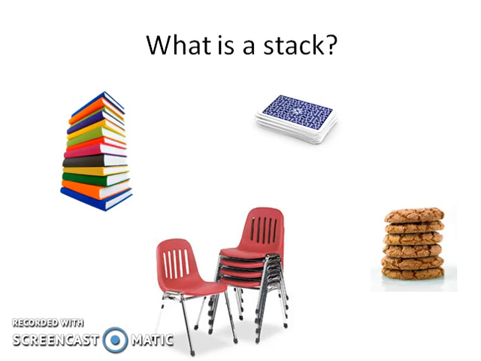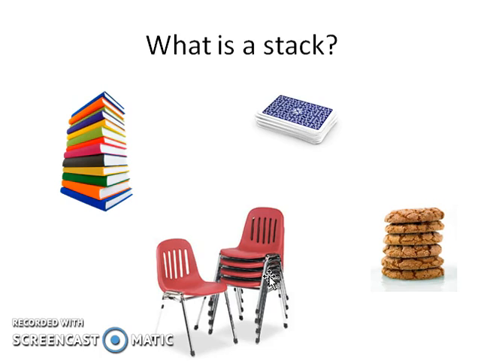So starting with considering a general stack, we can see different stacks here. This is a pile of books, this is a deck of cards, a stack of cookies and a stack of chairs. In order to take a chair from this stack, which chair can be taken out first?